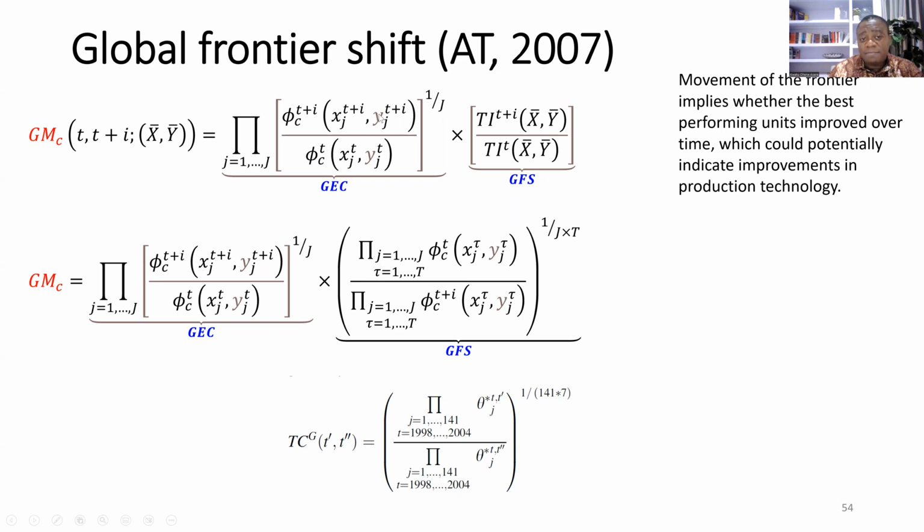You can see that the J means that you are estimating the efficiency of a particular firm, relative to a particular time period, say T plus I. Now you can see that we've made it T plus I. Why not T plus 1? Because we are not just comparing relative to an adjacent year.